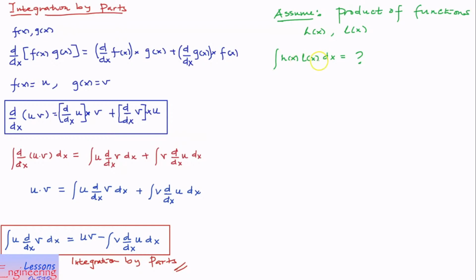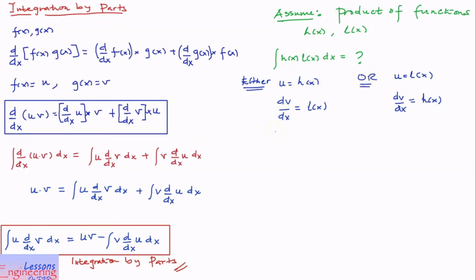Then we can assume our u can stand for h of x, so immediately dv by dx is L of x. Or you can also assume u to be the other one, u equals L of x, so immediately dv by dx is h of x.